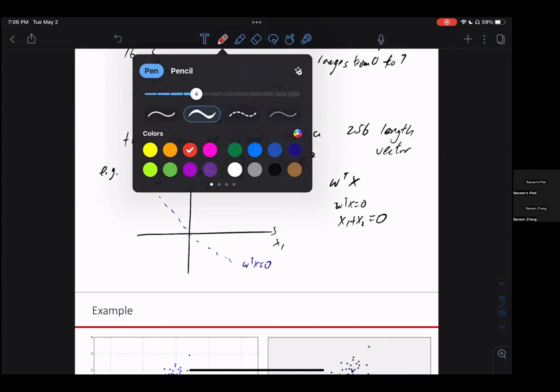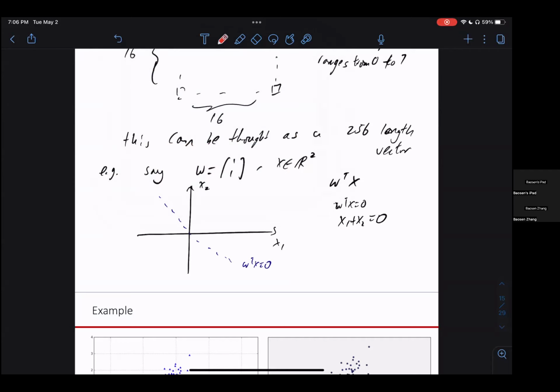Now, which side of the line is W transpose X larger than 0? Is it this side of the line where the inner product is larger than 0, or this side? This side. So on that side of the line, you have something greater than 0.